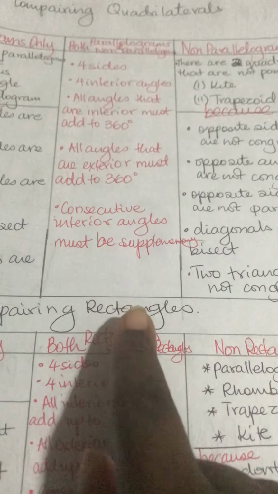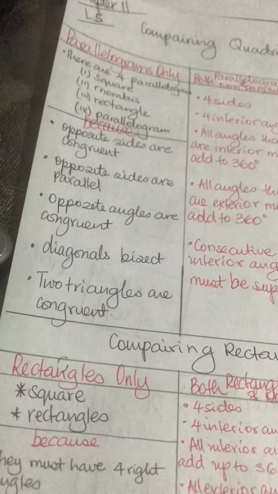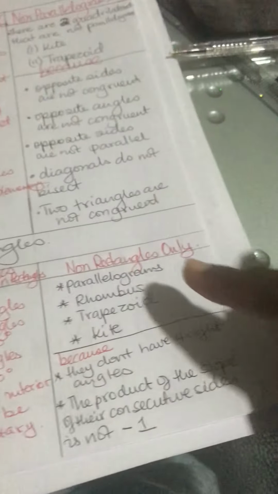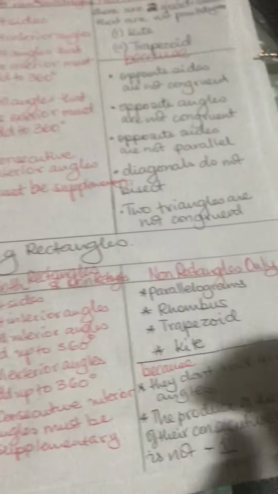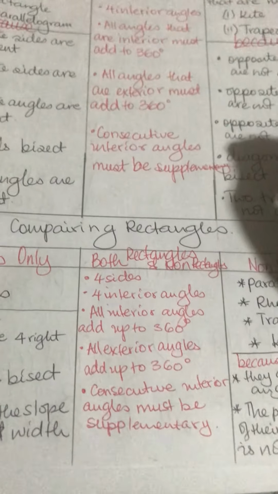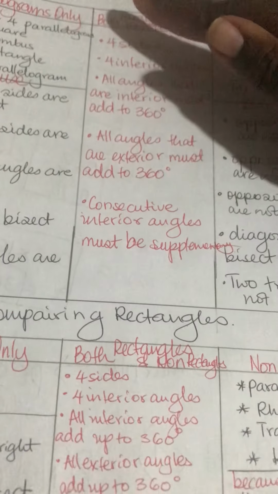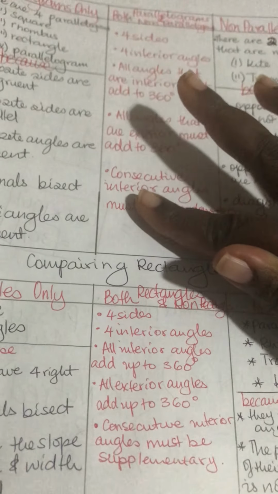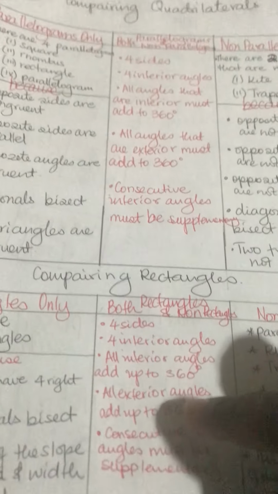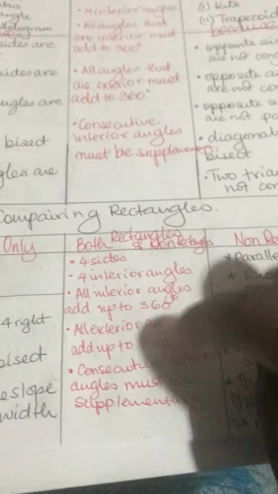Now we want to compare rectangles. Here we do rectangles only, and here we do non-rectangles, and then here we do both. Now, if you notice, whatever I wrote over here, actually, all of them ended up here.